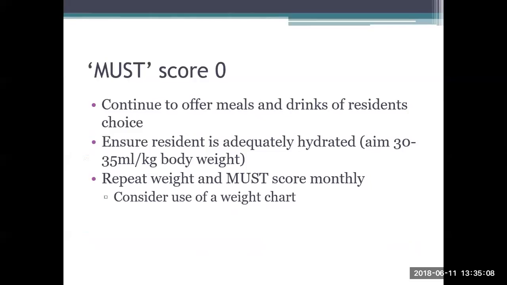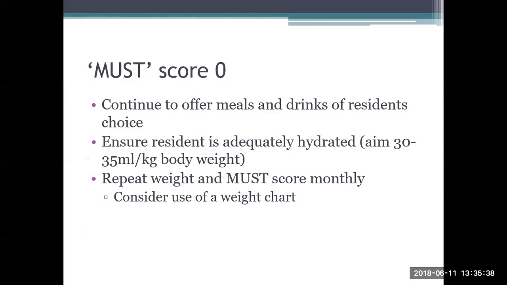When you've recalculated a month later, you're still wanting to use a 3-month ago weight to recalculate their MUST score. So I hope that makes sense. You're not wanting to use the weight from the previous month. Always keep it consistent, so the 3-month ago weight. Or if you've used initially the 6-month ago weight, then make sure when you're recalculating it, you're using a 6-month ago weight again.